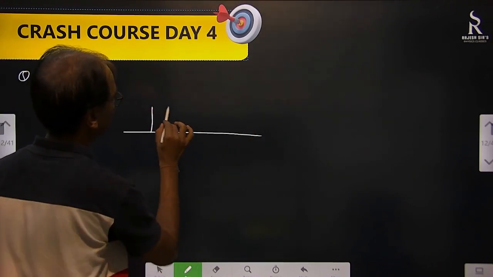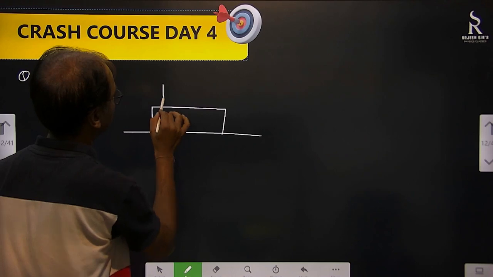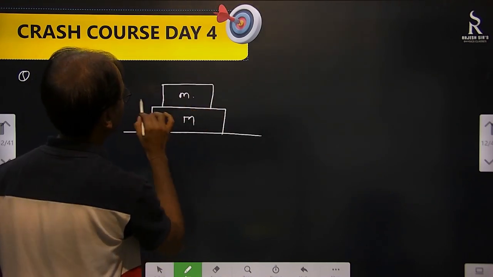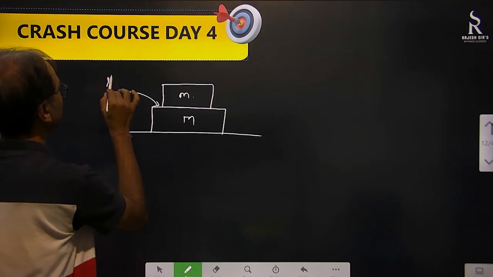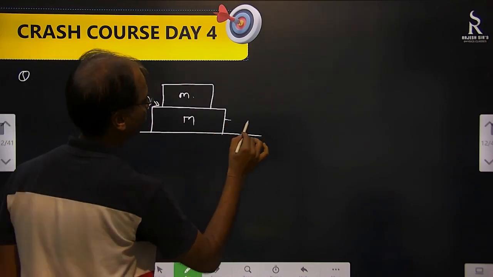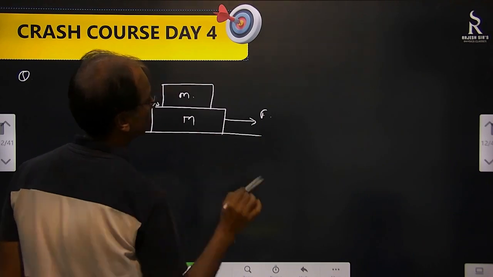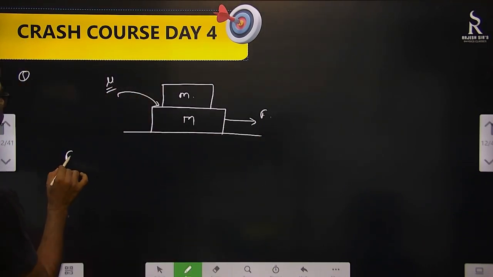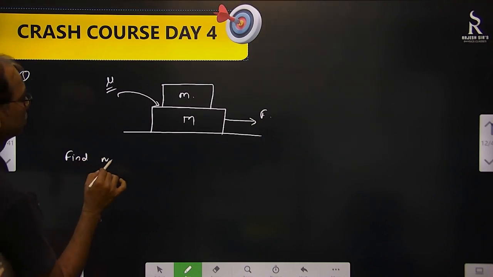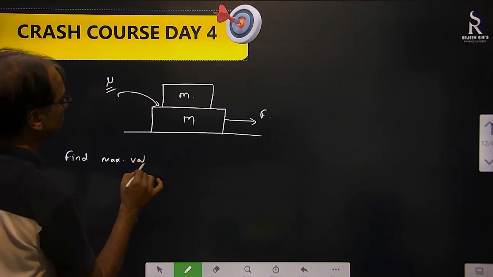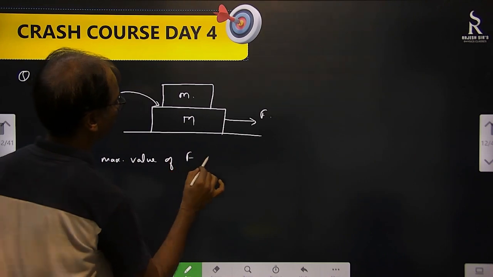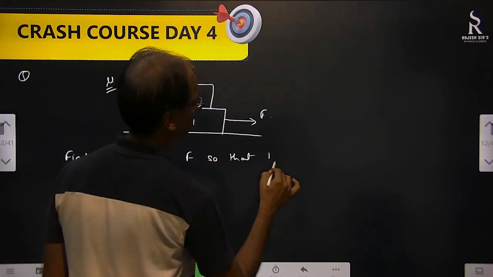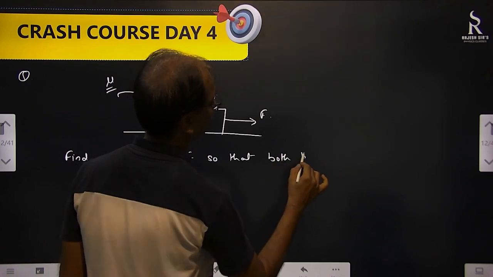One block, and there is another block over it, m, and here is friction, and you apply force F. Okay, question: find the maximum value of F so that both blocks move together.